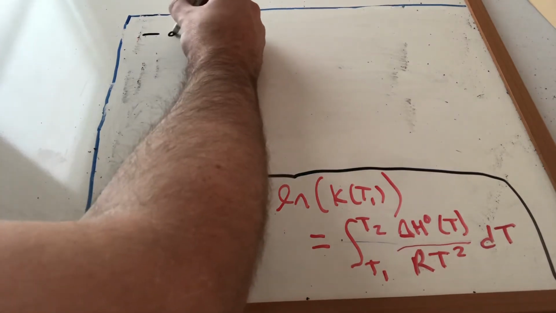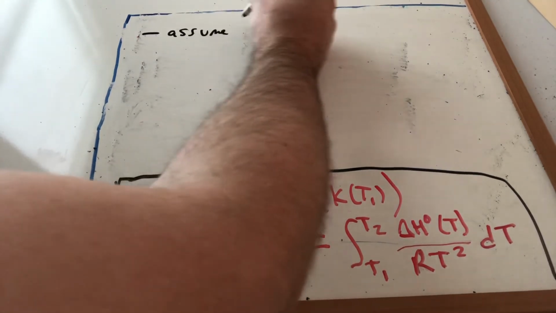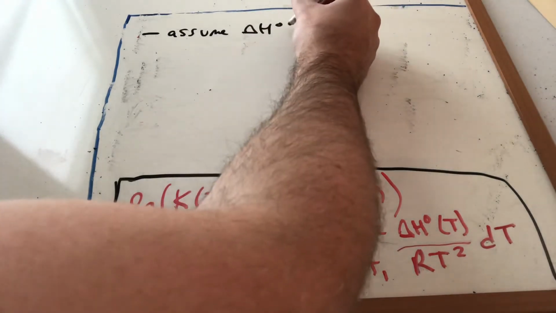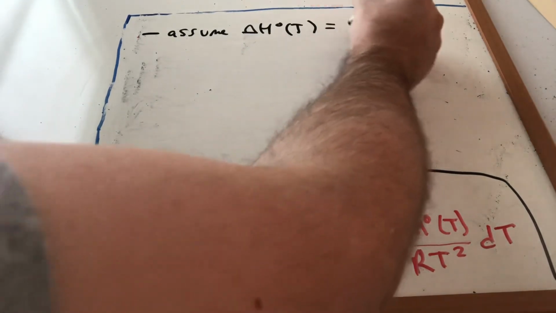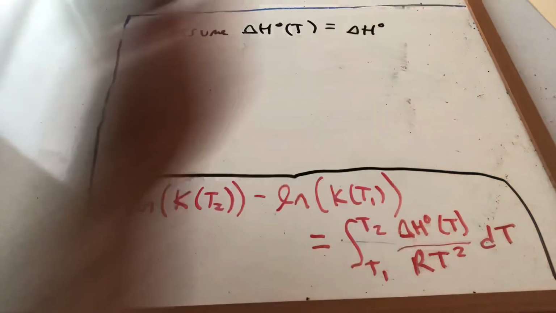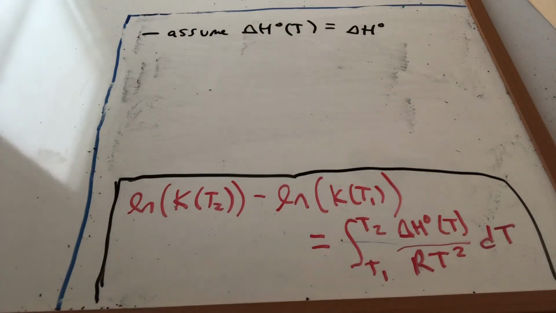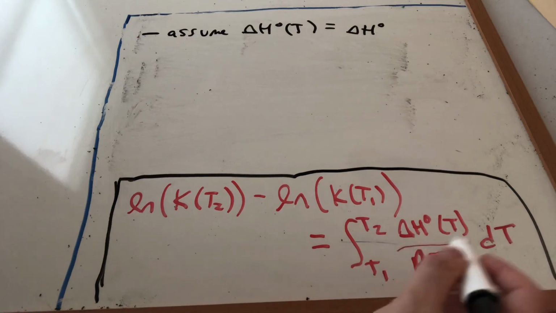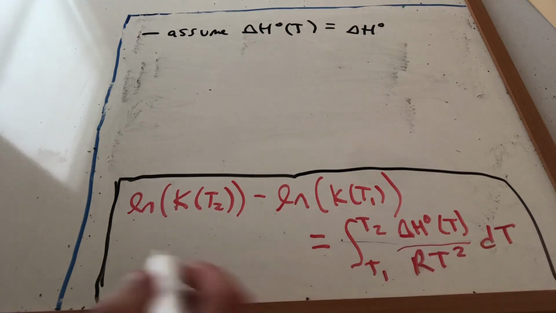Let's assume that delta H naught over this T1 to T2 range is a constant value. Let's assume that it doesn't have any temperature dependence. Then I can bring it outside the integral, and I can do the actual mathematics associated with this integration of dT over T squared.